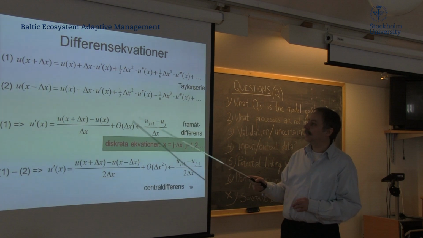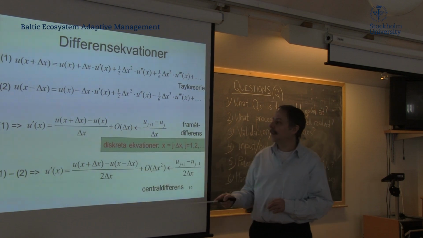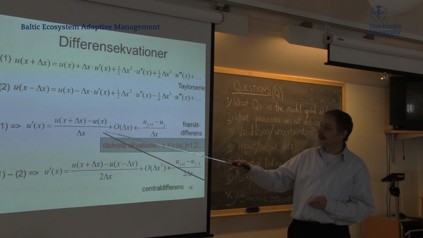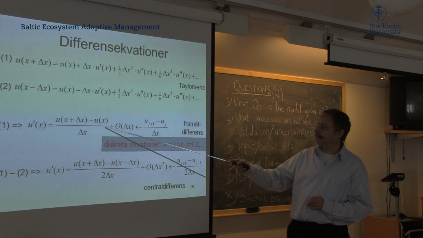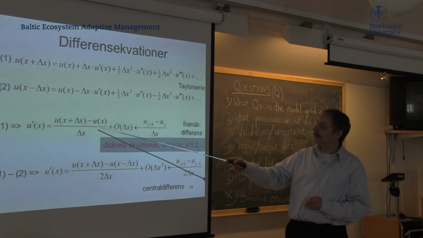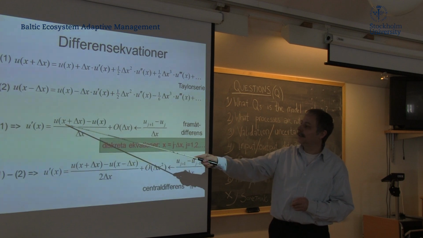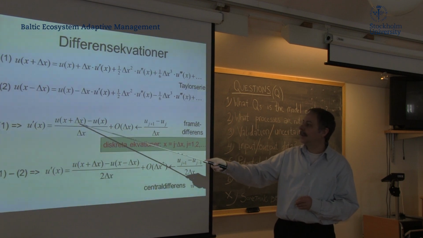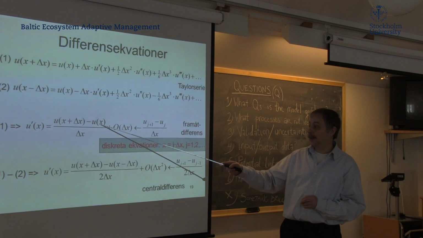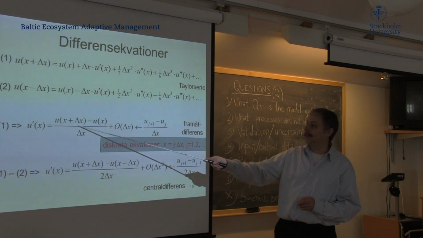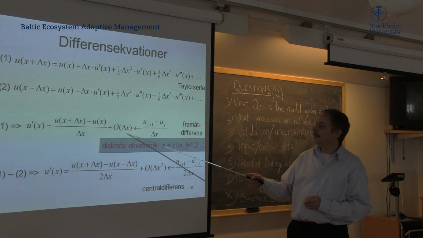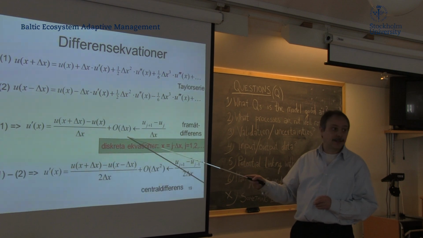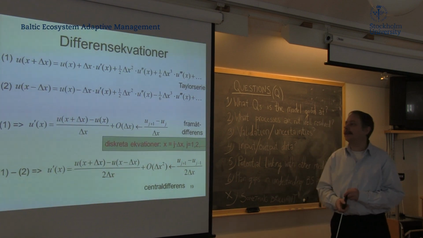So simple mathematics, and you do it to the right and to the left, and then you can have a forward derivative, like here. So you calculate it at the point x plus delta x, minus at the point where you are, divided by the grid distance. And then you have something, the rest, and the rest is of the order of delta x.